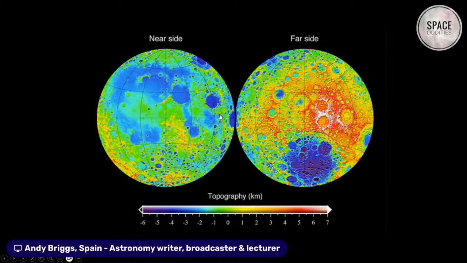We get to see a little bit of it occasionally when we can see a little bit of the far side. But as you can see, the near side is characterized by a lot of craters and quite mountainous terrain.